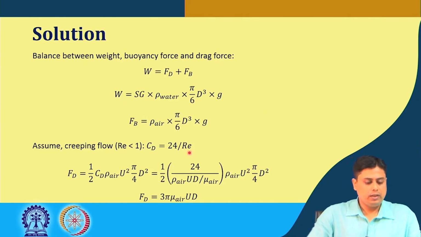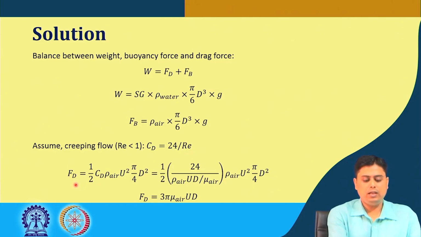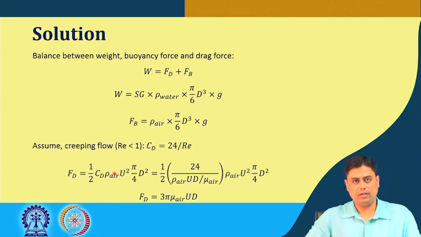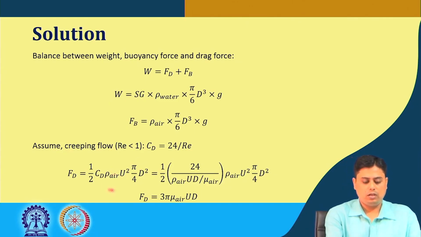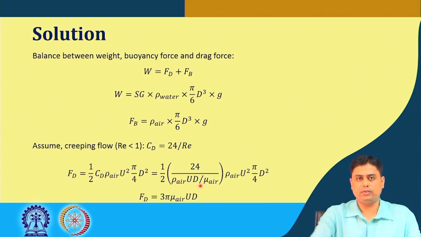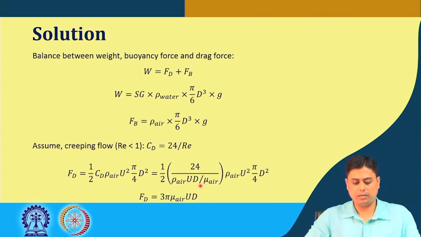Okay. So, in this case the FD is then calculated, which is half CD rho air u square multiplied by the cross sectional area of that spherical object, where CD is replaced by 24 by Reynolds number, where Reynolds number is defined like this parameter.